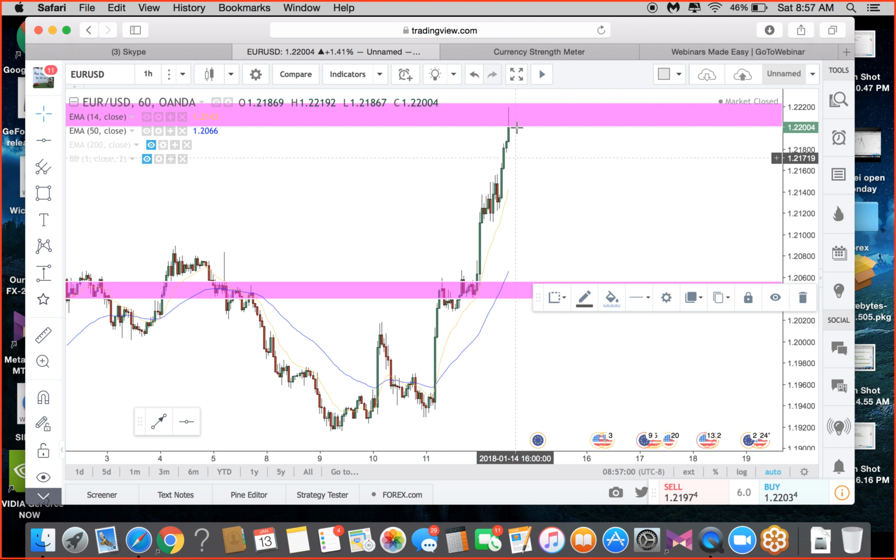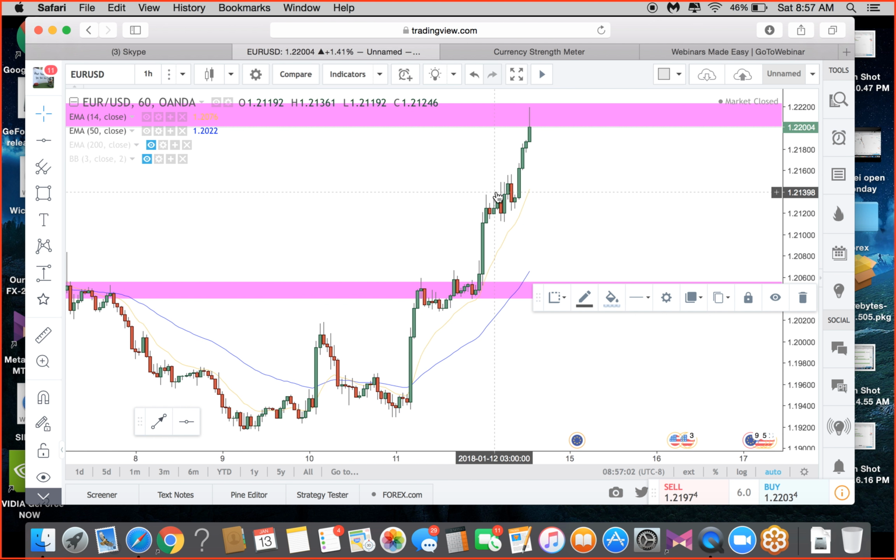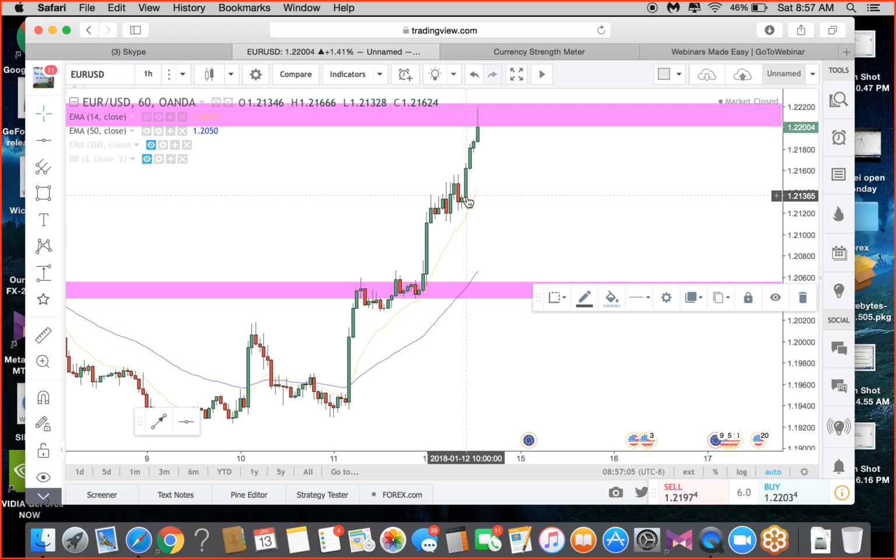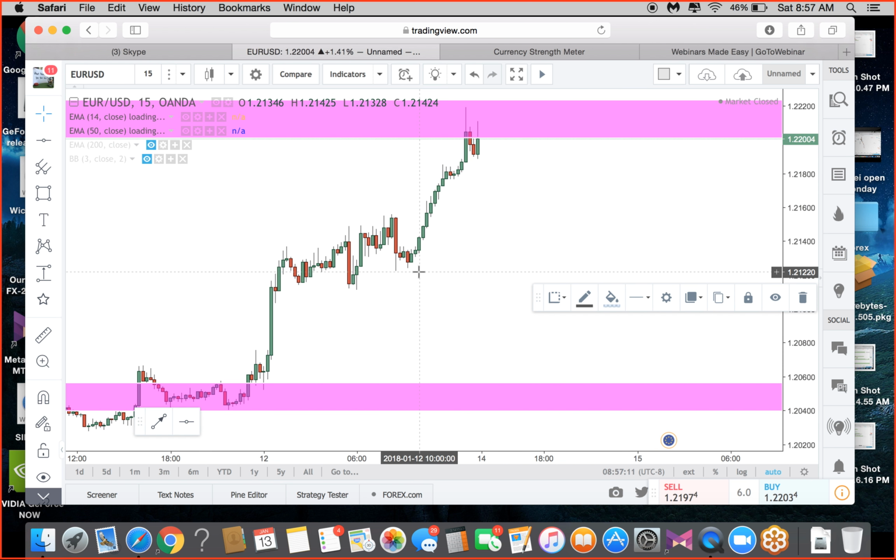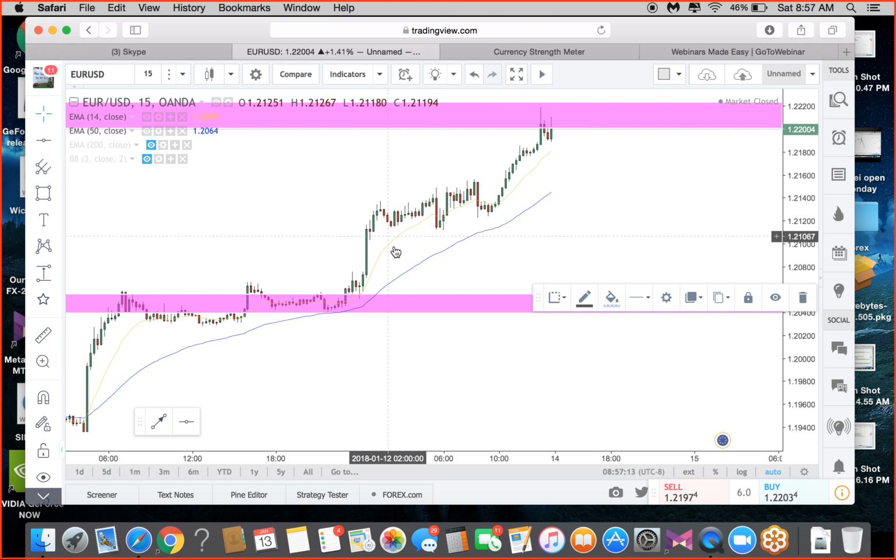So just by following that higher time frame momentum, here's by the 10 a.m. Boom, broke resistance again, and just following the momentum. The 15-minute time frame would have had tons of noise. See, we're going up, we're coming down, going up, going down. It's just creating a lot of noise, right? Eventually it prevails.